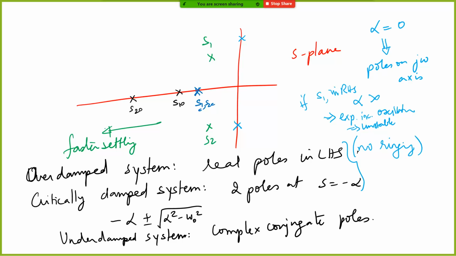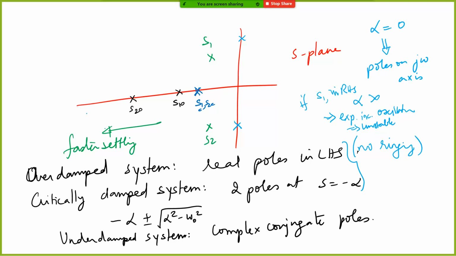For example, I can relate it to the amplifier poles that we looked at yesterday. If you take a BJT common emitter amplifier, it has two poles. One pole is much closer to the origin, which means lower bandwidth, and the other pole is farther away from the y-axis, at a very high frequency.